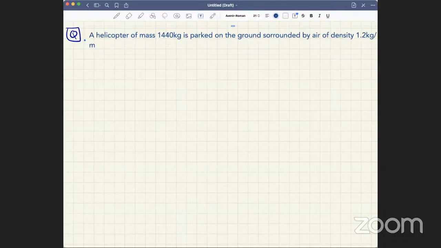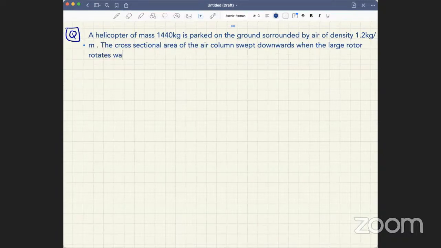The cross-sectional area of the air column swept downwards when the large rotor rotates was 30 meters squared.